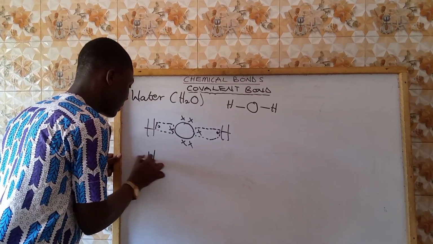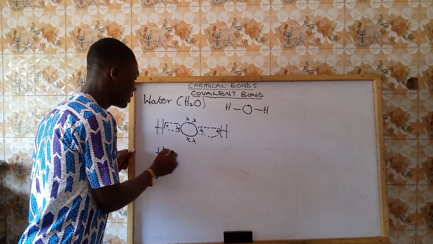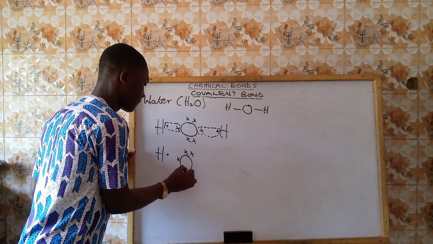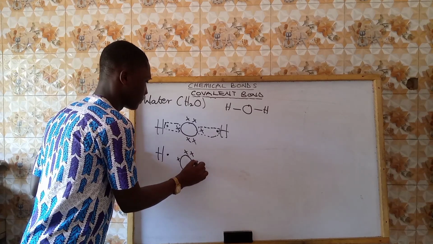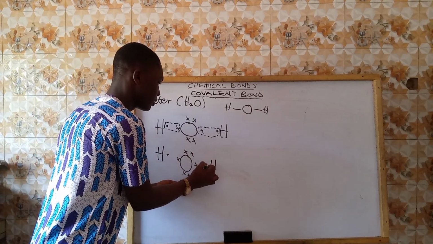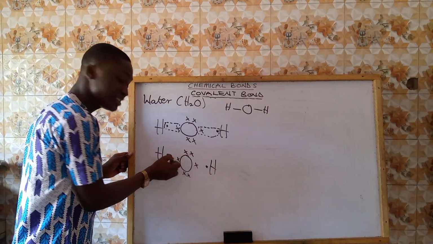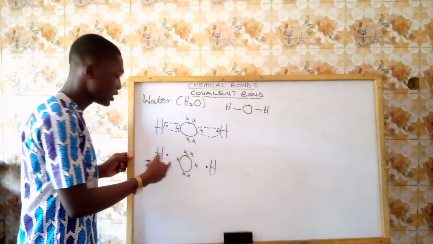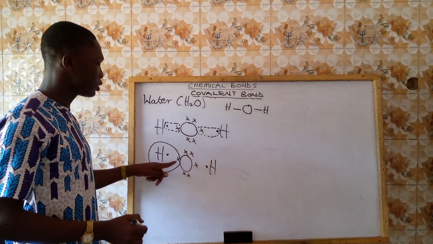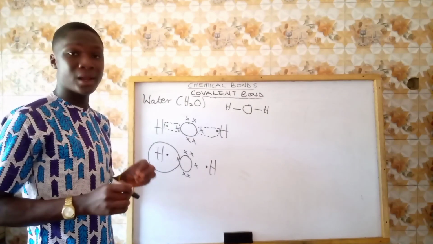So now let's draw it much clearer. We have H here with one electron here, and O with 6 electrons here, and H with 1 electron here. So now, since they are sharing electrons, this H will have 2 electrons here for it to become stable to fulfill the duplet rule.